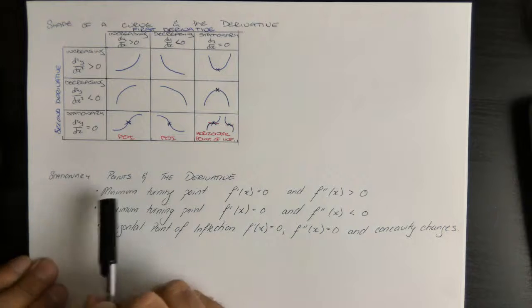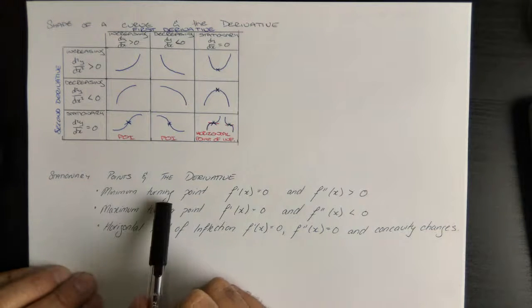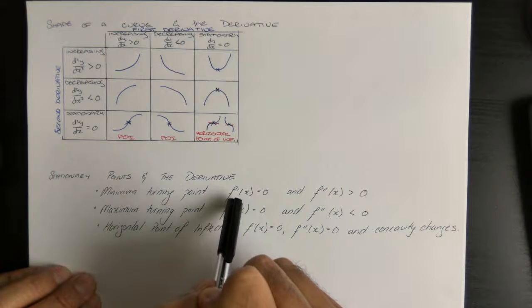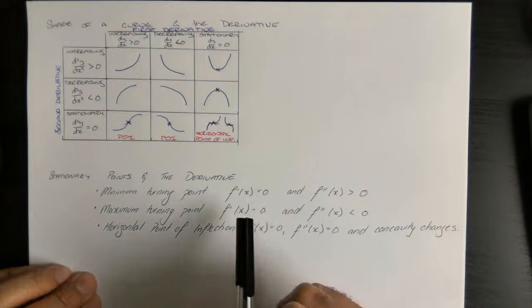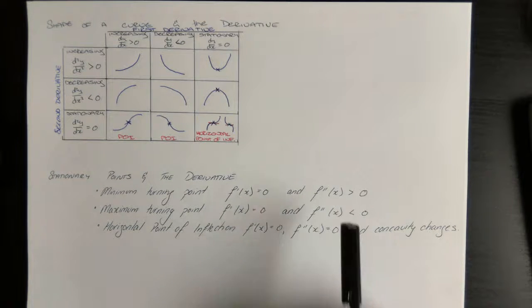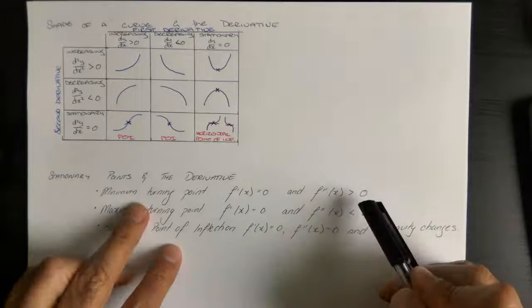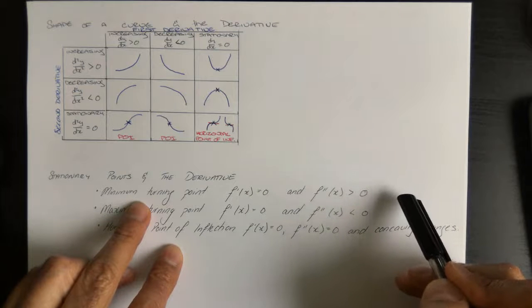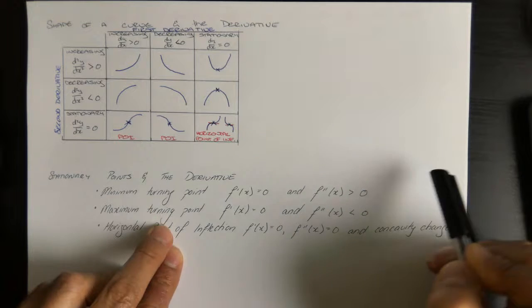So, stationary points and the derivative. The minimum turning point will occur when the first derivative is 0 and the second derivative is greater than 0. So, when there's a stationary point, but the rate of change at that stationary point is increasing, it will make a minimum turning point.